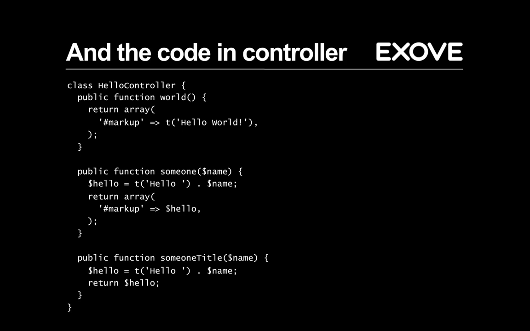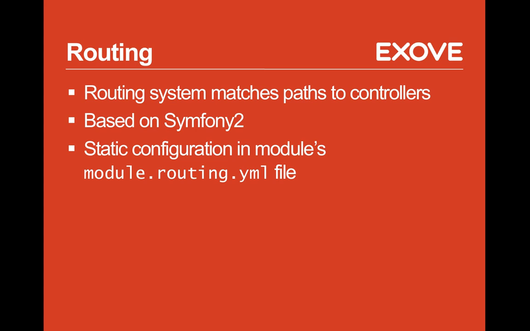So, in a little bit more detail, the routing part. Routing is a system which matches the path of the request to somewhere where there is a controller or something else which does the stuff we actually want to happen. In Drupal 8, these parts are very much based on Symfony 2 components.